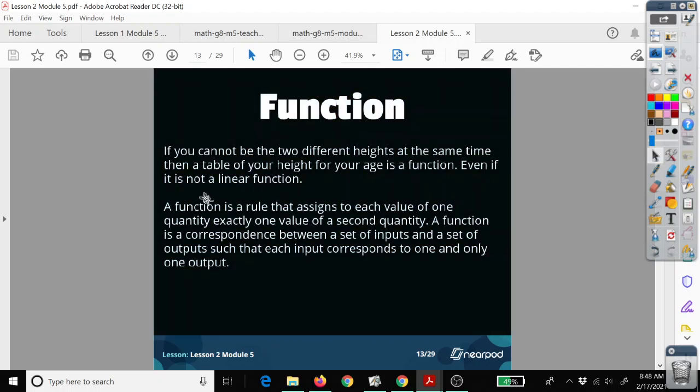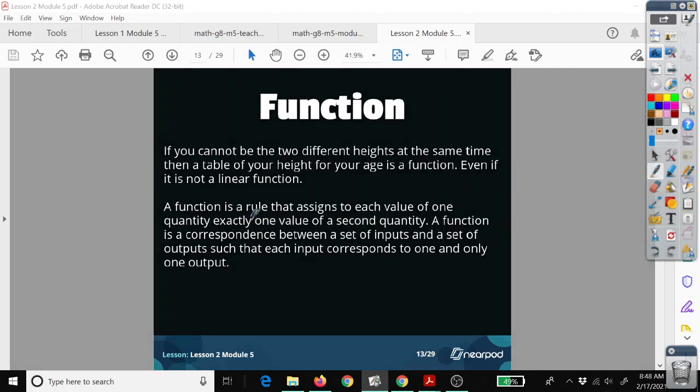Okay? A function, so this is getting more formal here. A function is a rule that assigns each value exactly one value of a second quantity, right? So in the height example, we have the age and we have the height. One quantity is the age, from 0 days to 100,000 days.